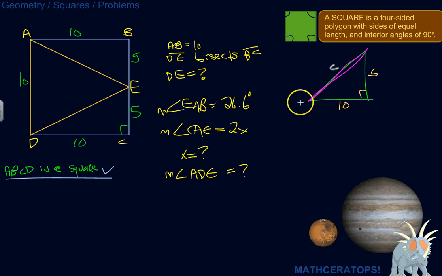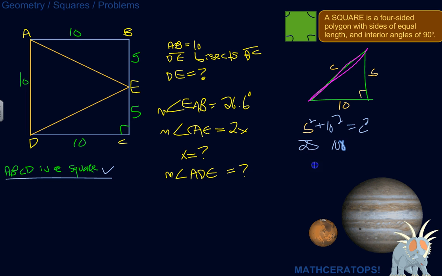So a squared plus b squared equals c squared. So 5 squared plus 10 squared equals c squared. C is actually this DE line segment. So 5 squared is 25, 10 squared is 100.